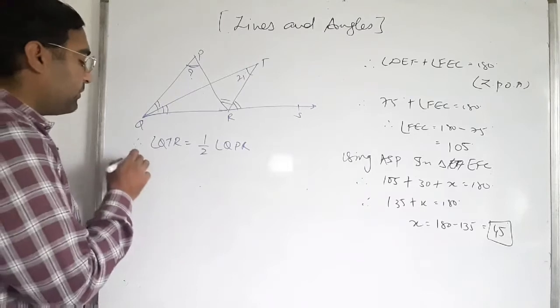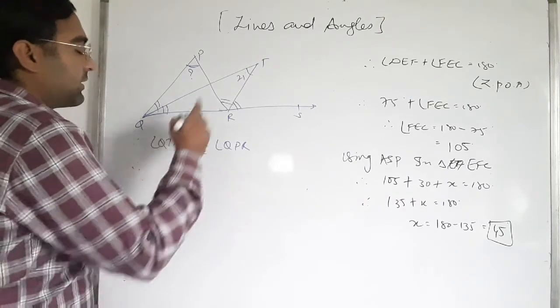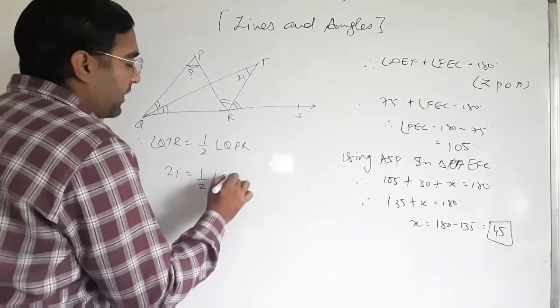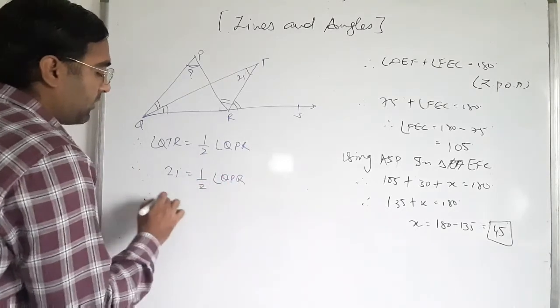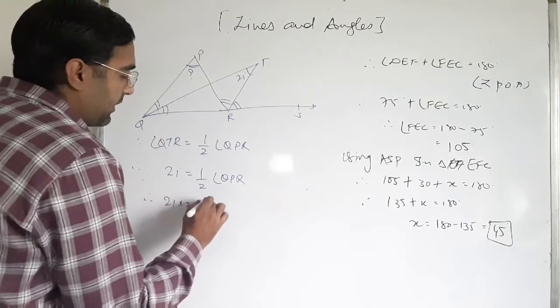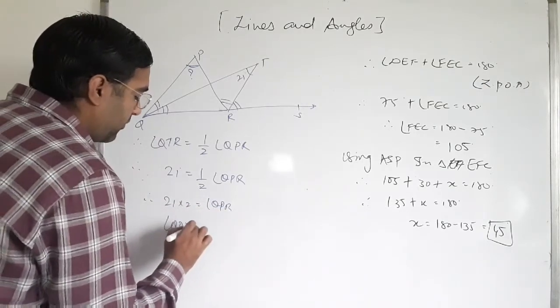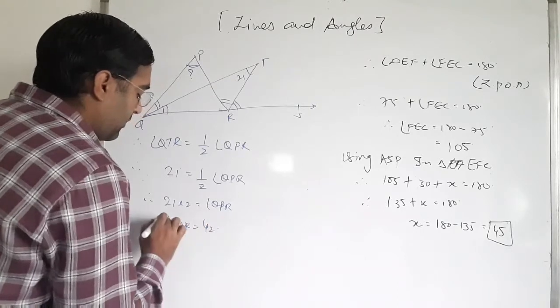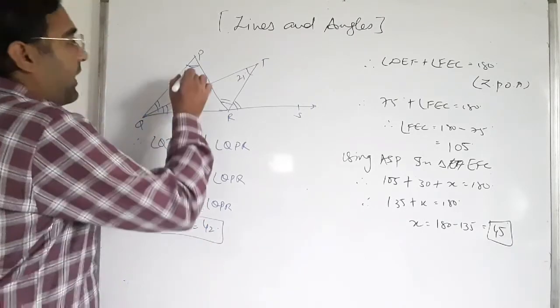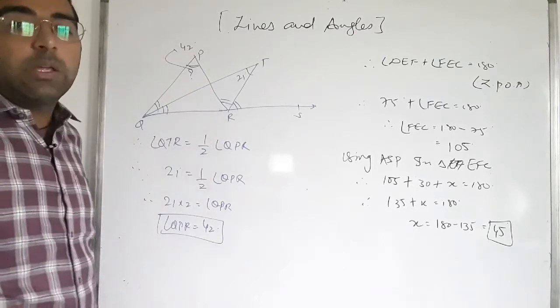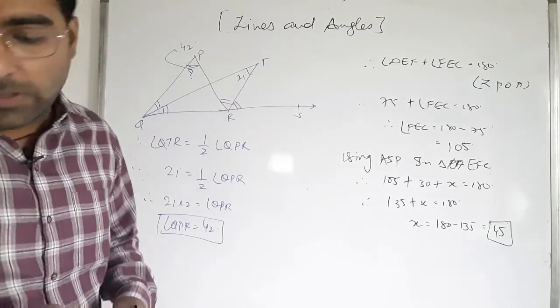Now QTR is given as 21 degree, equal to half of angle QPR. So shifting the 2 to the other side, angle QPR is equal to 42 degree. Okay, clear?